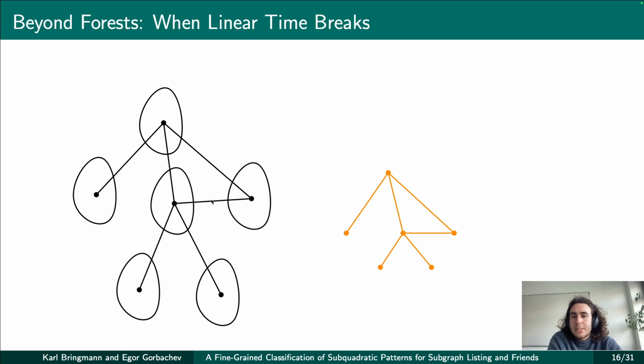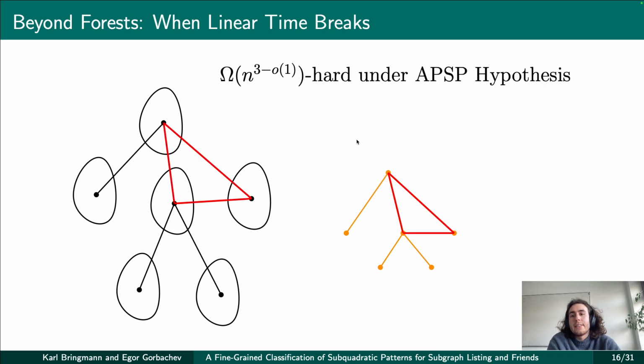Let it, for example, be a cycle of length 3. Then we can embed the problem of finding a triangle of minimum weight into this problem. And the minimum weight triangle is a famous problem that is equivalent to the all-pairs shortest path, and thus is conjectured to be not solvable in truly subcubic time in terms of the number of vertices in the graph.